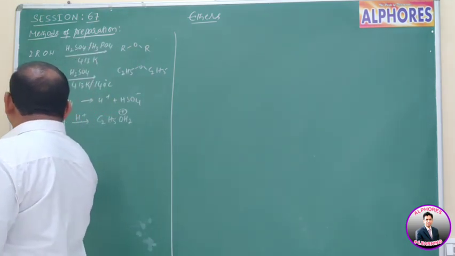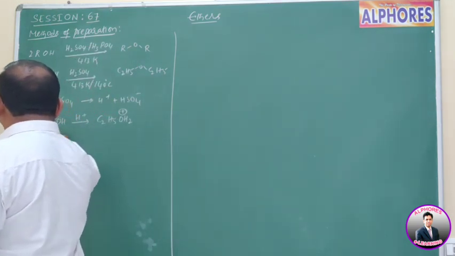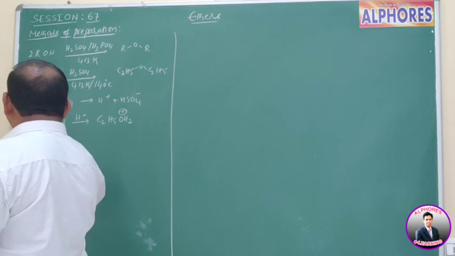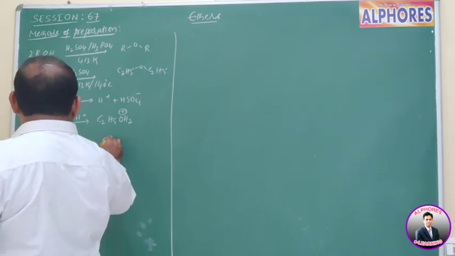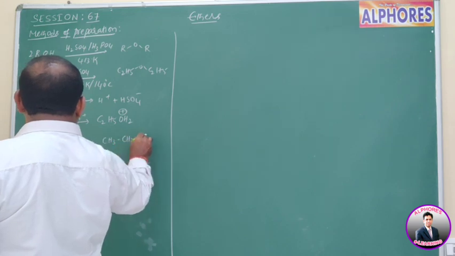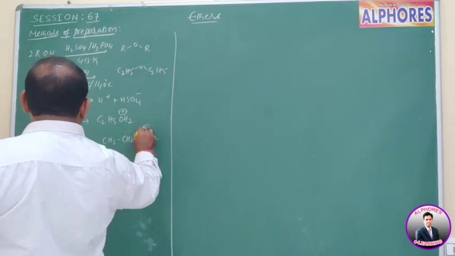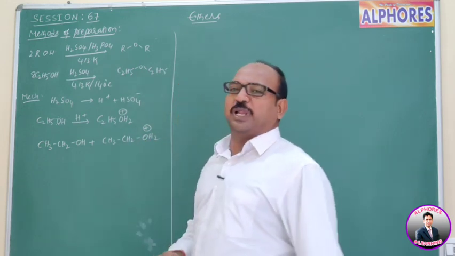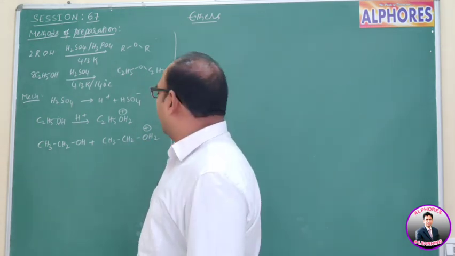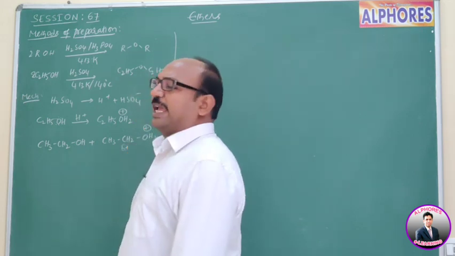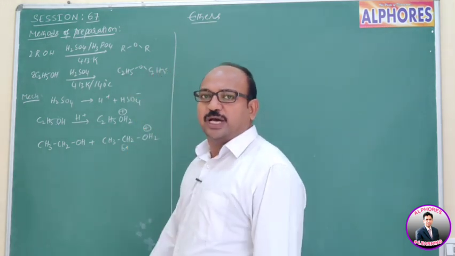Later, I am going to write CH3CH2OH upon reaction with CH3CH2OH2 plus. Now, OH2 plus is a good leaving group. It prefers to leave, and as a result this carbon acquires partial positive charge.